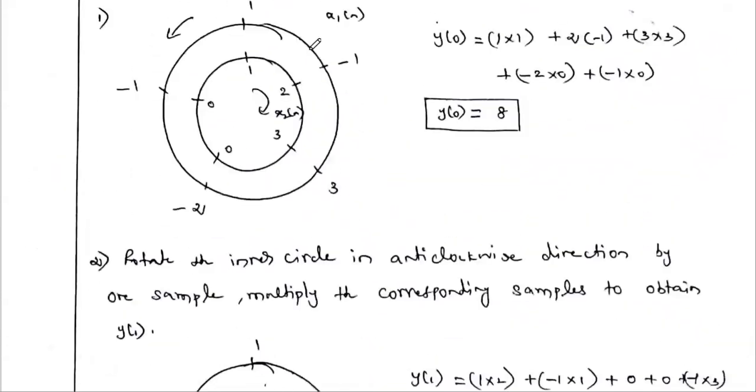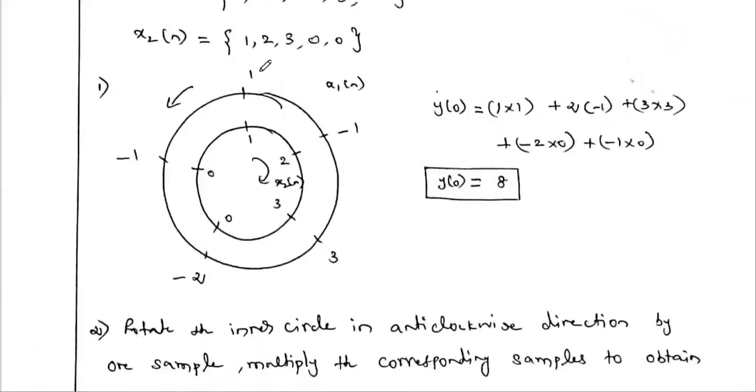First we draw one circle, the outer circle, and divide it by the number of samples. For example, if 5 samples are given, you divide the circle into 5 parts, and place the sample values in the anti-clockwise direction.